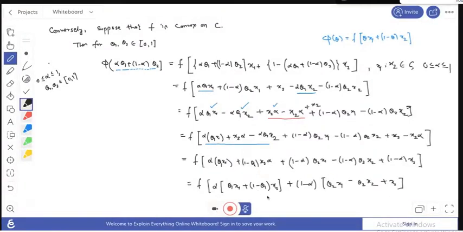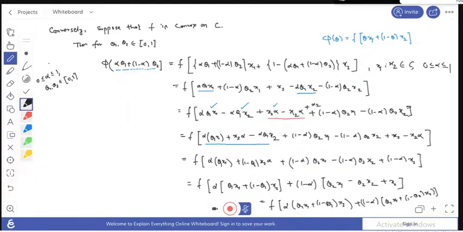Now this becomes f of alpha times (theta 1 x1 plus 1 minus theta 1 x2), plus 1 minus alpha times (theta 2 x1 plus 1 minus theta 2 x2). So finally we get this notation.